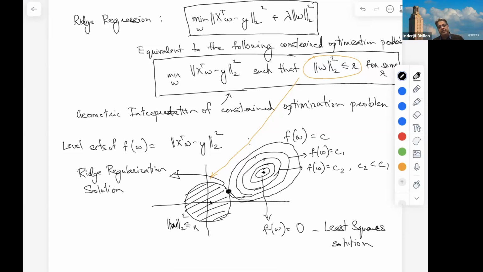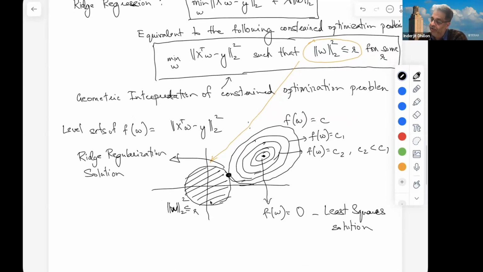So this is another interpretation of ridge regularization, right? You're minimizing f(w). It'll be minimized over here if you're just looking at f(w), which is the least squares problem. That gives you the least squares solution.